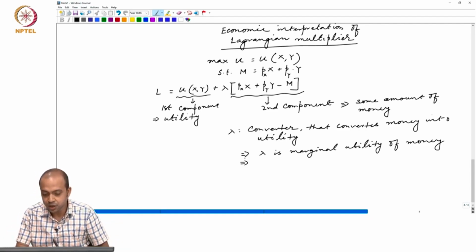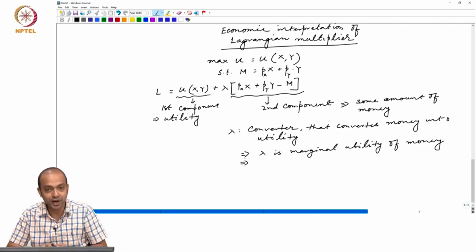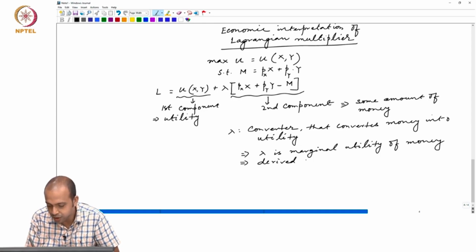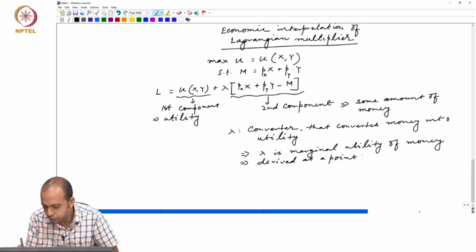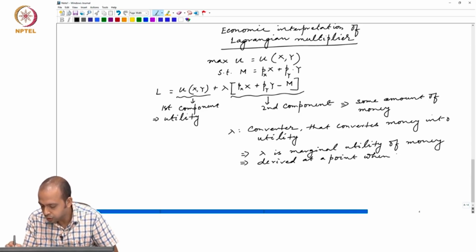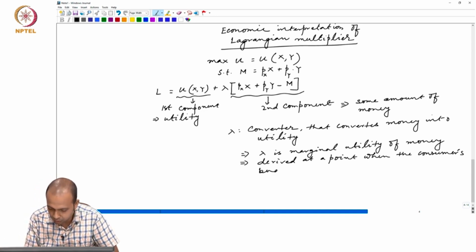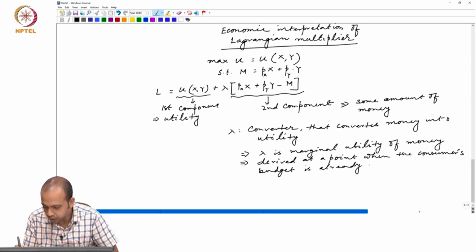That is why when I am saying lambda is marginal utility of money, it is derived at a point when the consumer's budget is already exhausted.